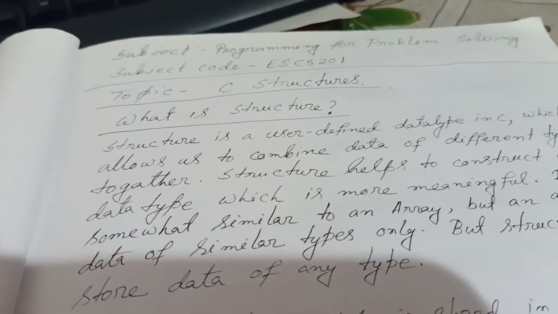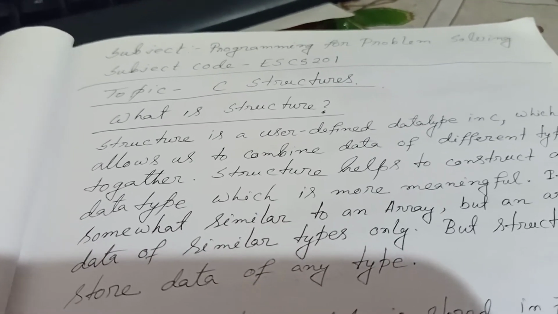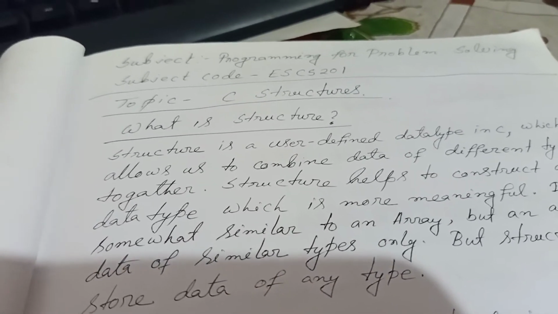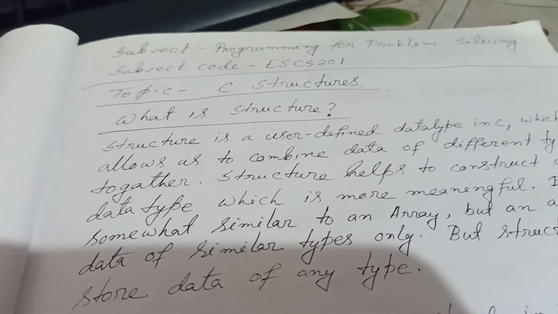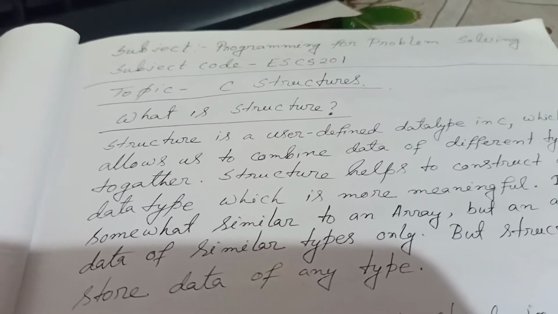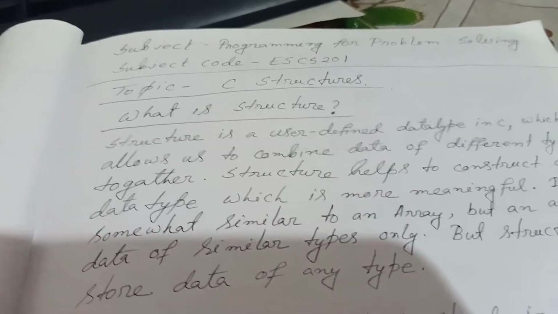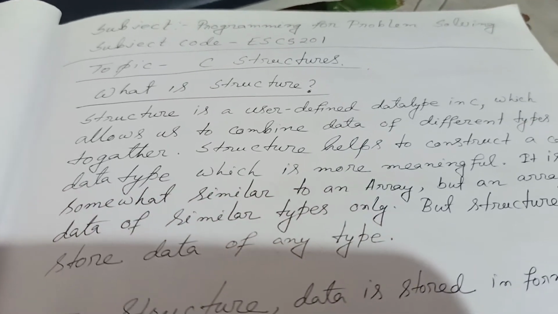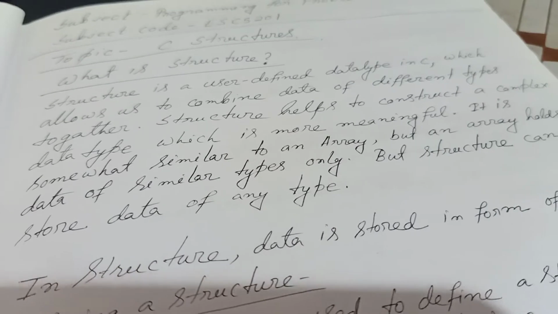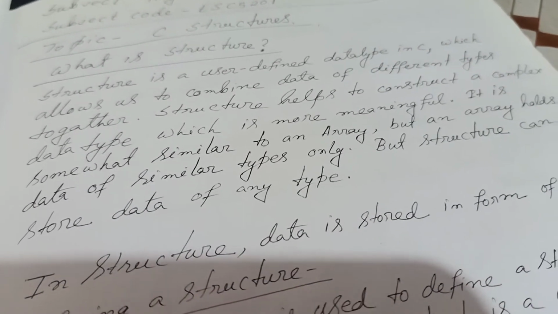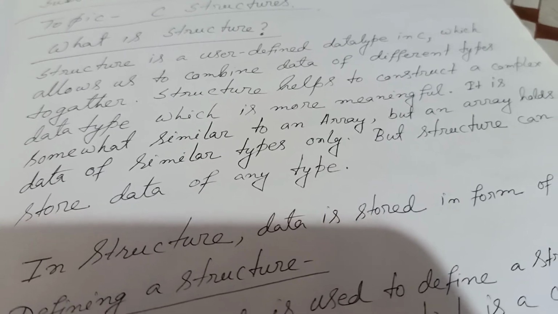So structure allows different data types within a single braces. That means different data types we are using as a combination. Okay. Structure helps to construct a complex data type which is more meaningful.